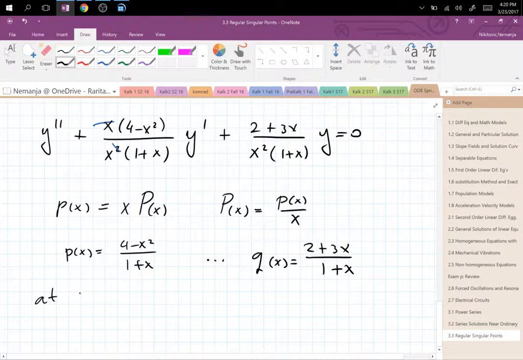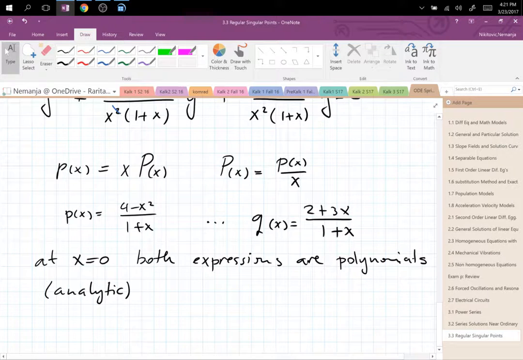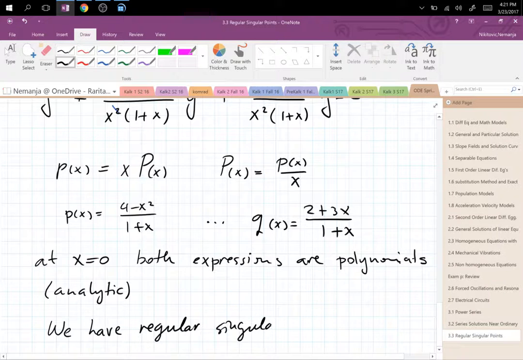At x equal to 0, both expressions are polynomials, which means analytic, which by the definition over there tells us that we have a regular singular point at x equals 0.